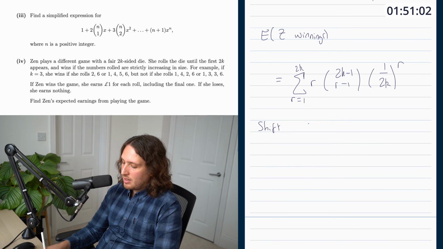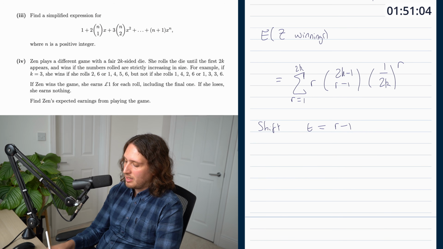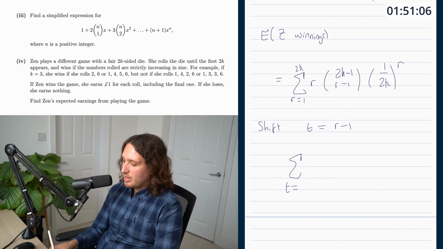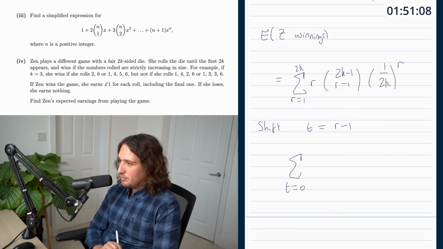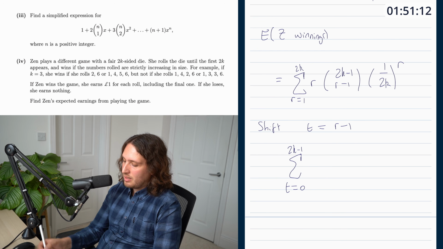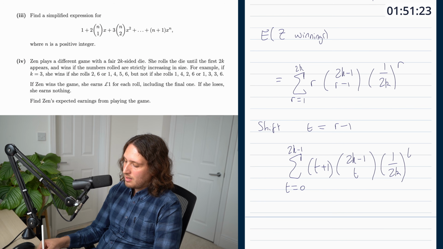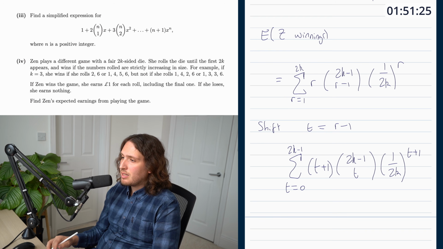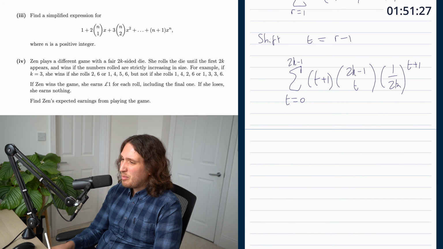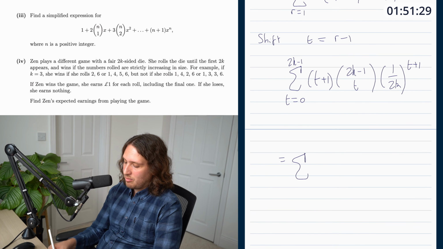I'll introduce a t, which is r minus 1. So t runs from 0 up to 2k minus 1. R is t plus 1. 2k minus 1 choose t, 1 over 2k to the t plus 1. And I'll go back to writing it in R language because I prefer that.